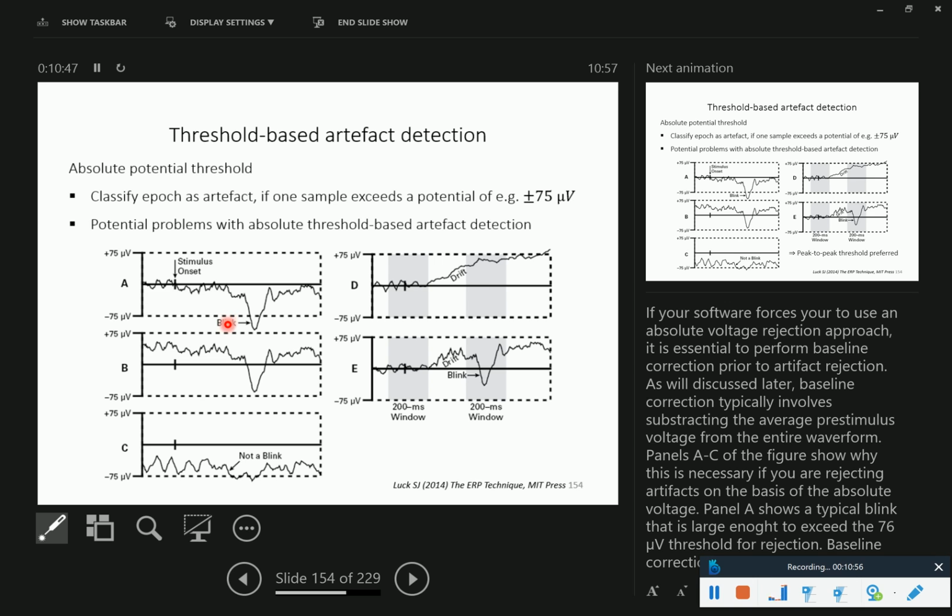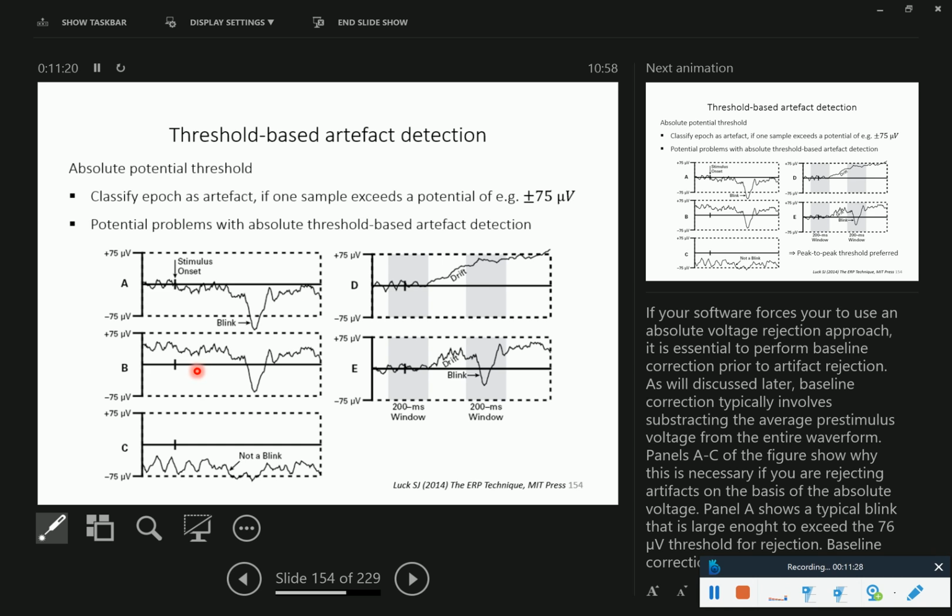So the question is, how do I detect these blinks? One way is to use an absolute potential threshold, in the sense that I classify an epoch as an artifact if one sample of this EEG trace of this electrode exceeds a potential of plus or minus 75 microvolt. For this kind of epoch, this makes a lot of sense, because at baseline it's roughly around 0, and then you exceed that.